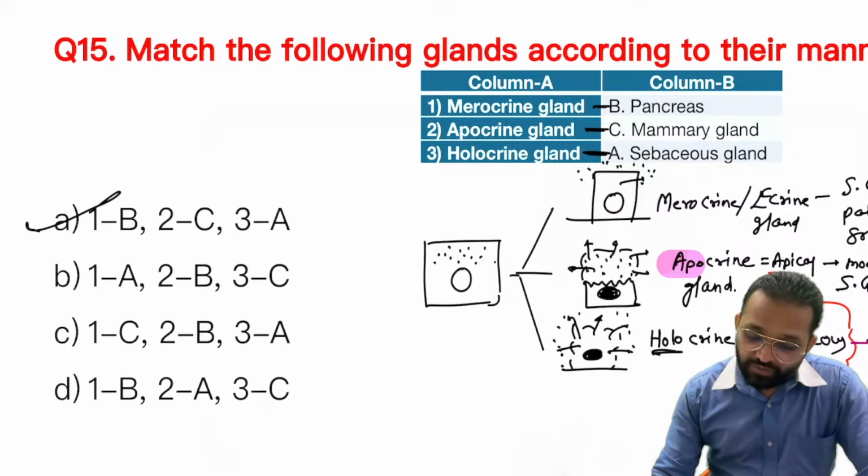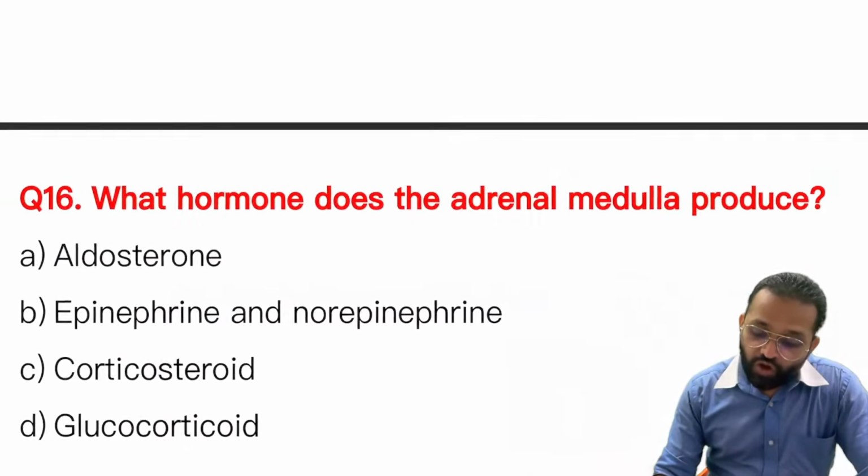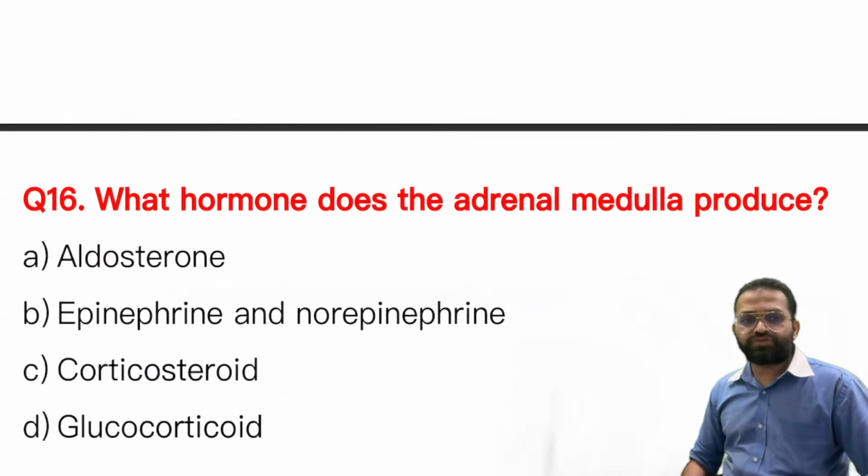Now come to the next. What hormone does the adrenal medulla produce? Yes, we had seen this question. Adrenal medulla produces epinephrine and norepinephrine.